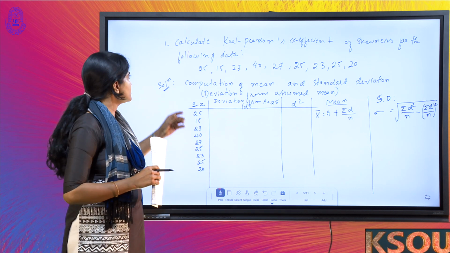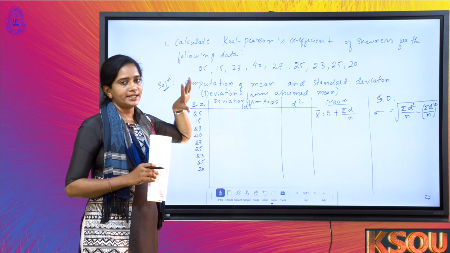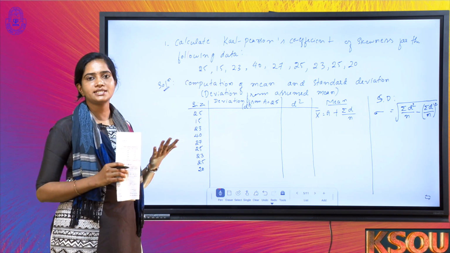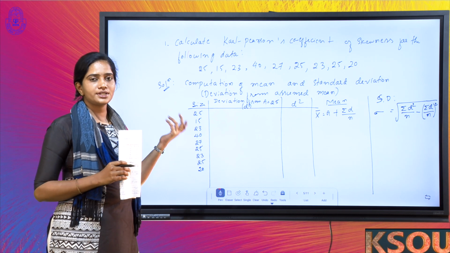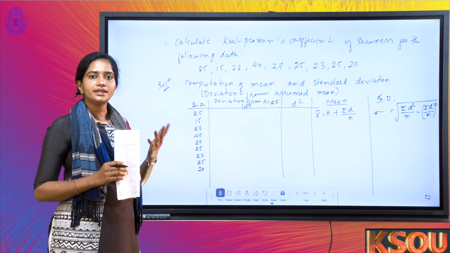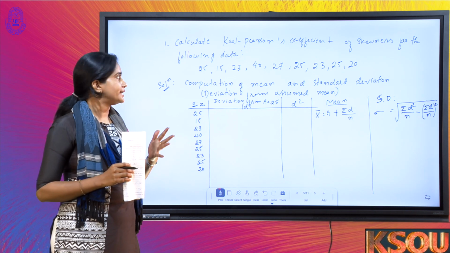Let us see this example under ungrouped data, that is, individual series. Individual series, as we have already studied under measures of dispersion, means we do not have frequency, so it is considered as individual series or ungrouped data.